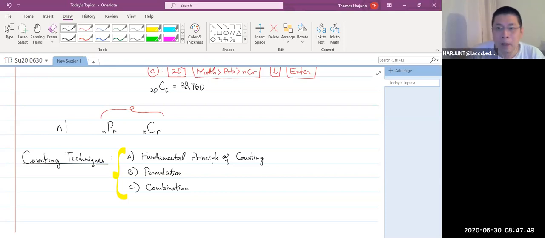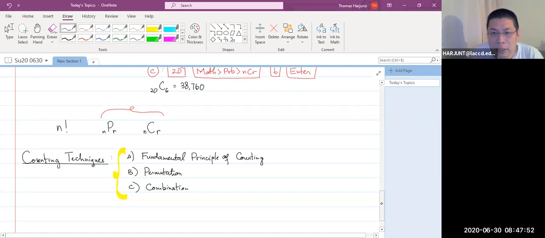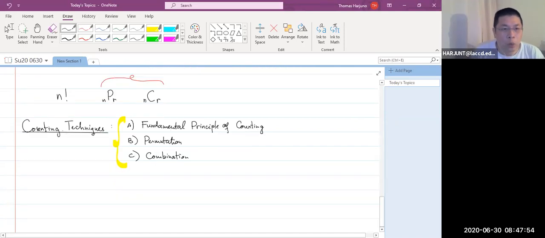Okay, now let's see. To explain each one of them, I will use a 4 steps method so that you can see the situation. What is the situation?